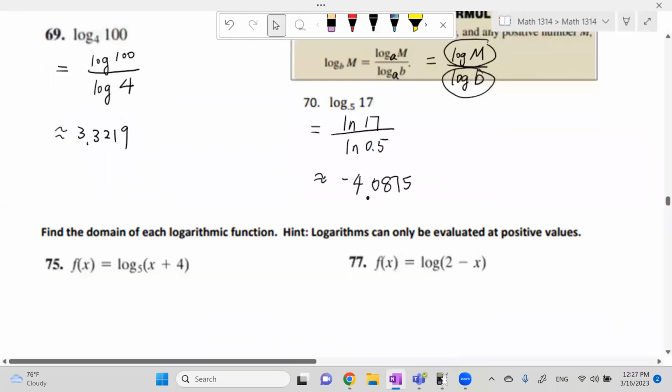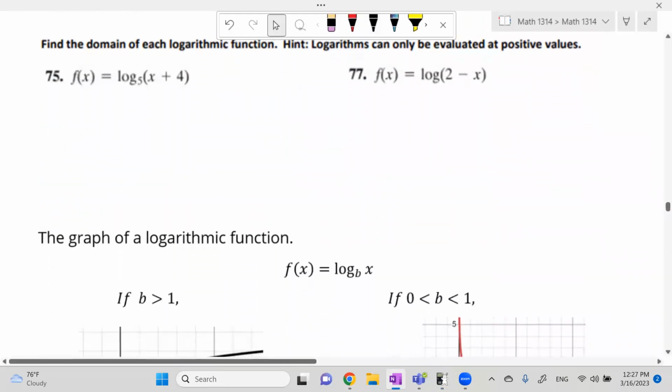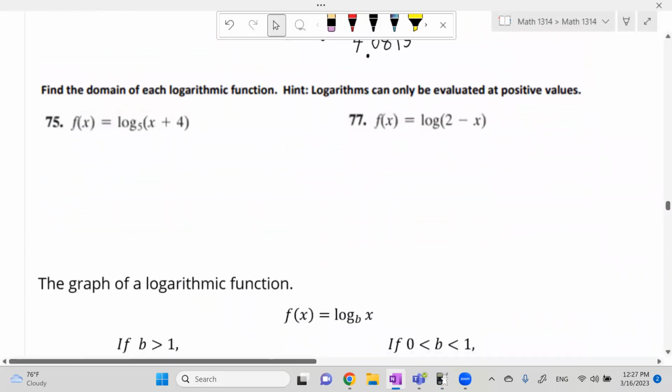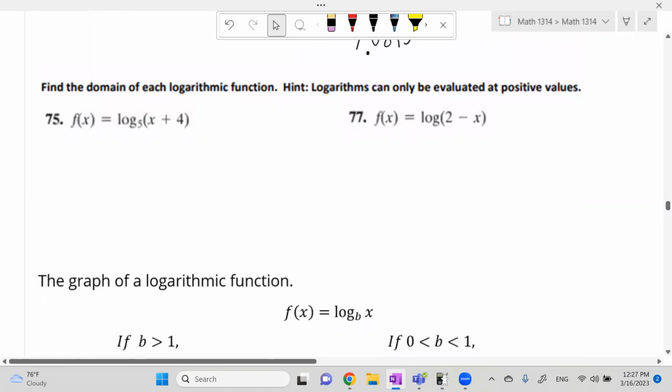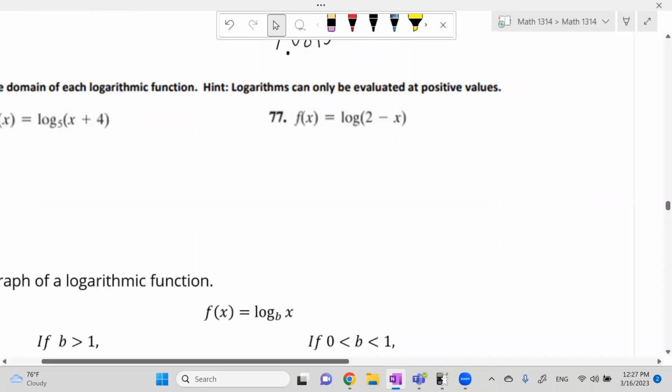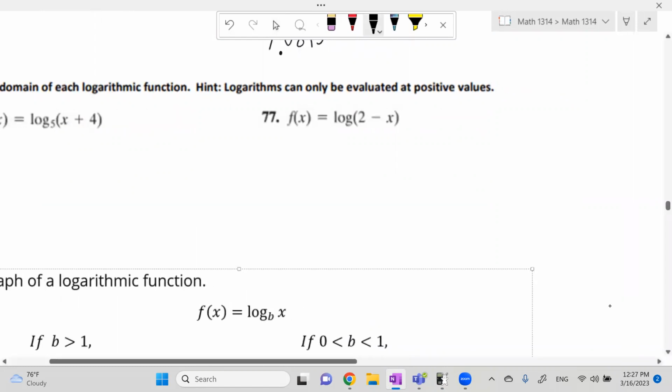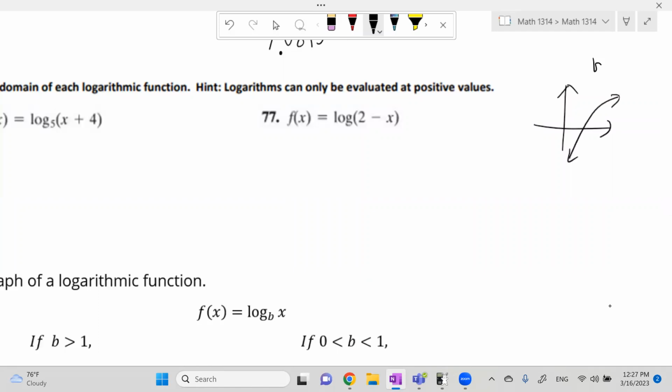All right, let's move on to the next part. Now I don't need to use a calculator. Find the domain of the logarithm function. Here is a hint. Do you remember I mentioned at the beginning of the class, the graph of the logarithm function: if the base b is greater than 1, we're having an increasing function like this. Look here.